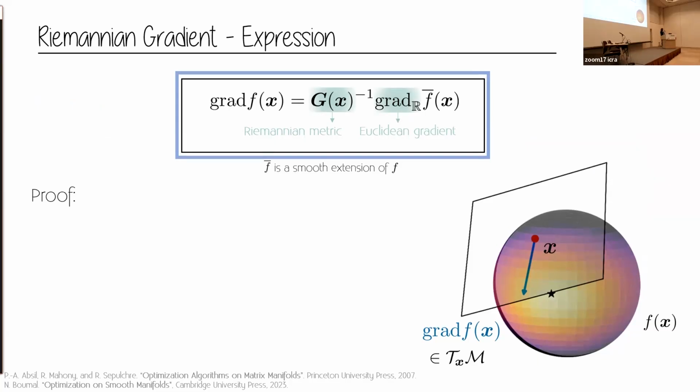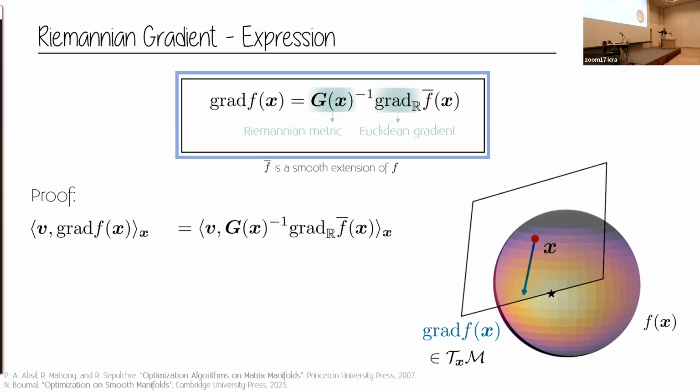Just to show you the proof of that, this is a little bit of math. You know that the directional derivative is given by the product of the direction in which you're going and the gradient with respect to the Riemannian metric. We can replace the gradient here by the formula we have above.